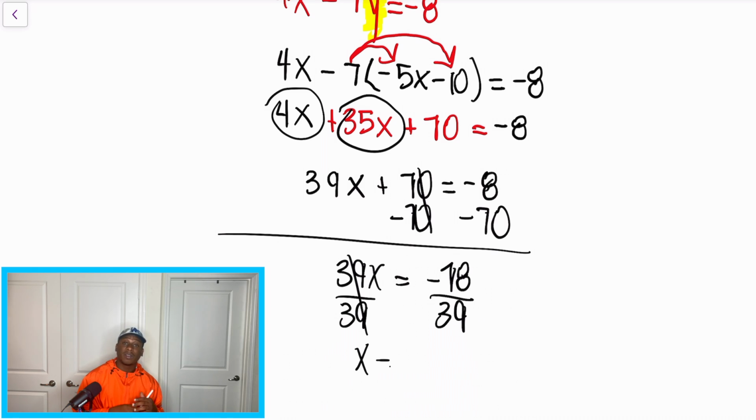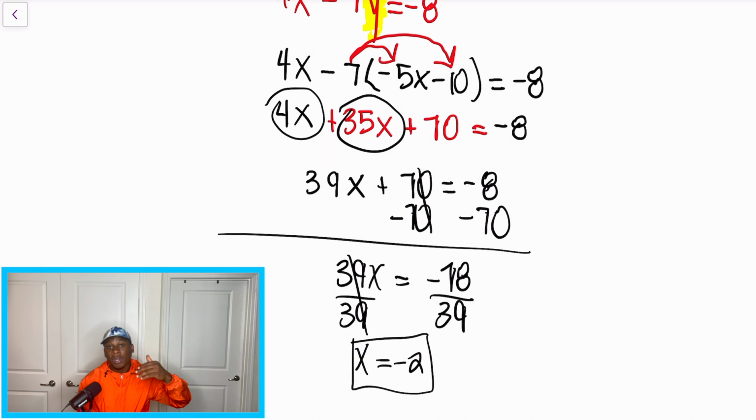Now, remember with systems of linear equations, guys, what we have to understand is we're solving for not just one variable, but two. So now that I know what x is, I could go back and plug x in either equation number 1 or equation number 2 and solve to figure out what y is. So let's scroll back up some.